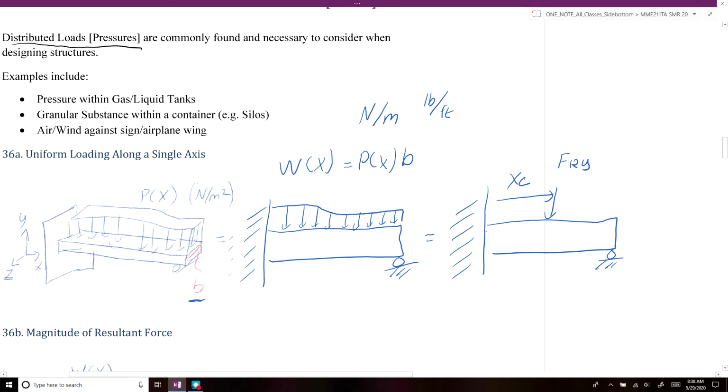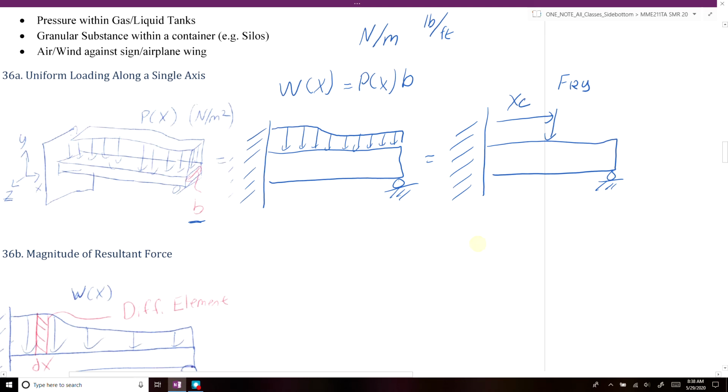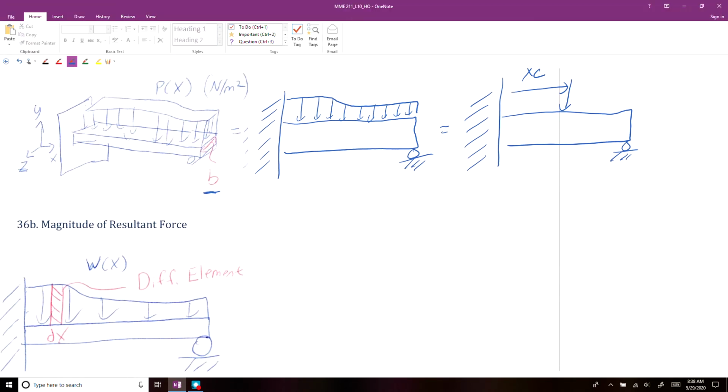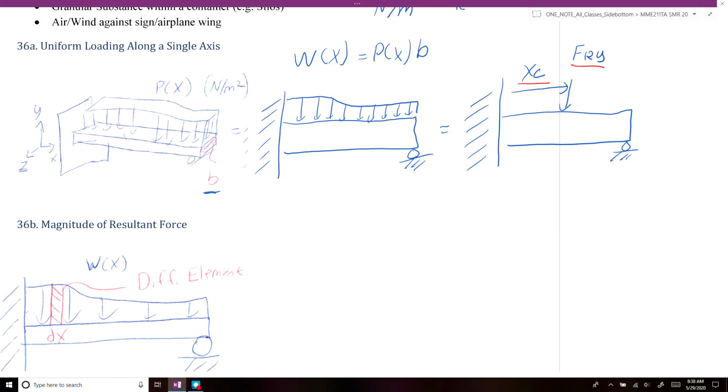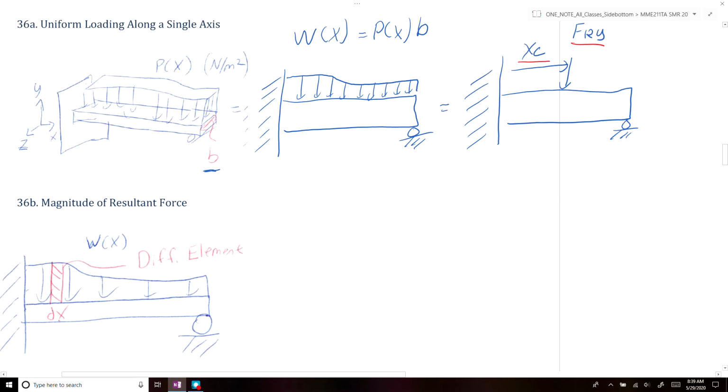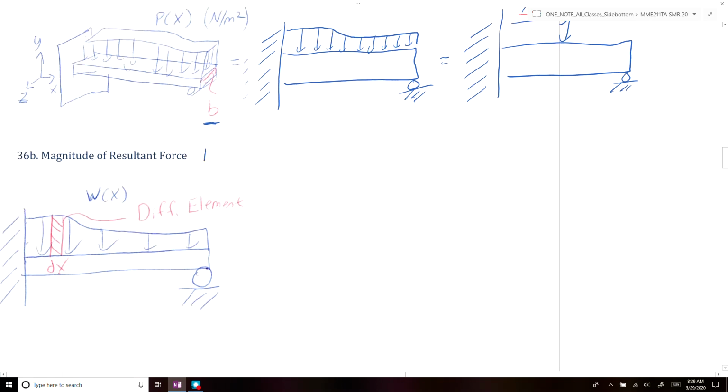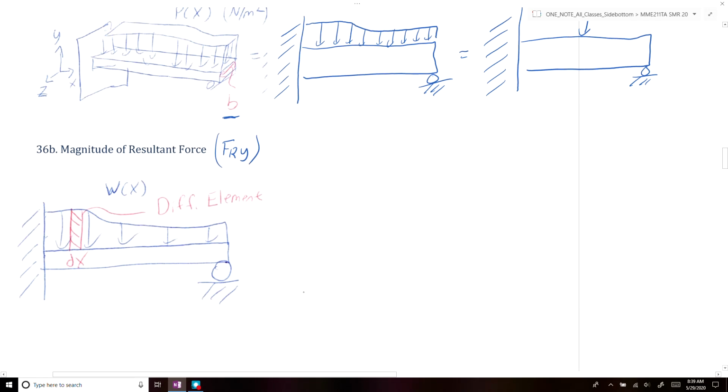So what we're looking for today is what is FRY and what is x of c. To calculate what FRY is equal to, we can look at our diagram here, and we can draw a small differential element dA, which is an incremental part of our total force, which we can write as W of x dx.